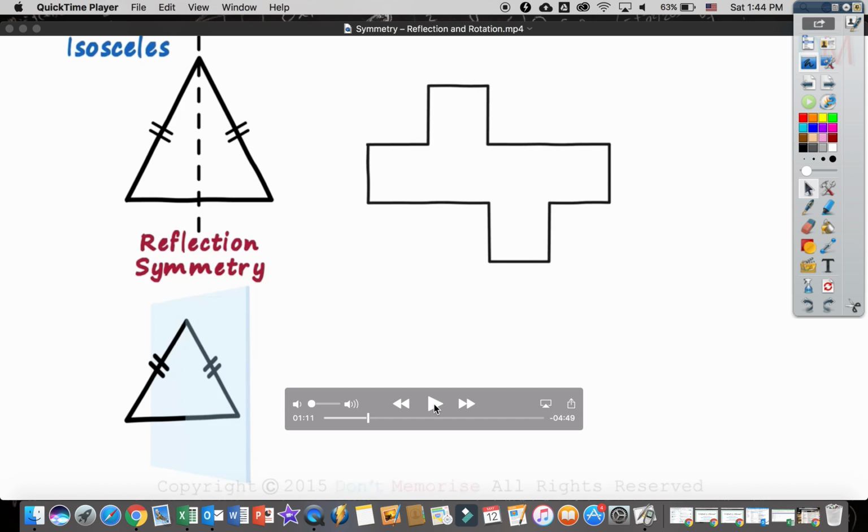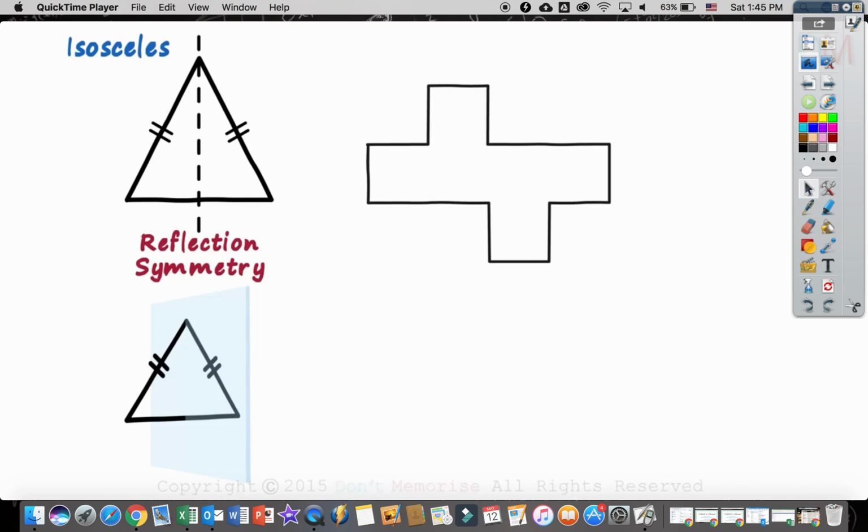And remember, there are some figures that have both reflection symmetry and rotational symmetry. In the given example here, this figure has only rotational symmetry, no reflection symmetry, because it doesn't have any symmetry line.